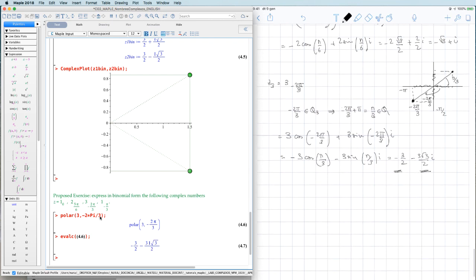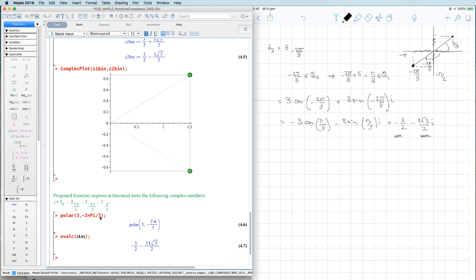And one last example, Z4 equal to 1 with angle minus pi over 3. So now, if I have a look at this, I have minus pi over 2 and 0. So here I have minus pi over 3, like an angle.